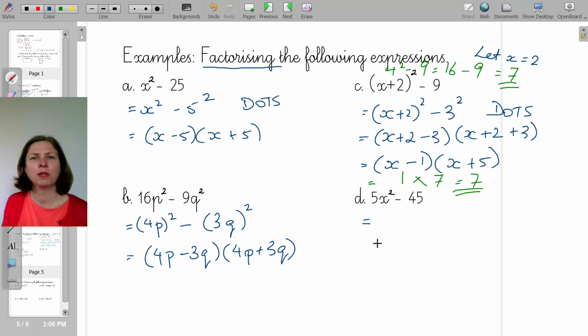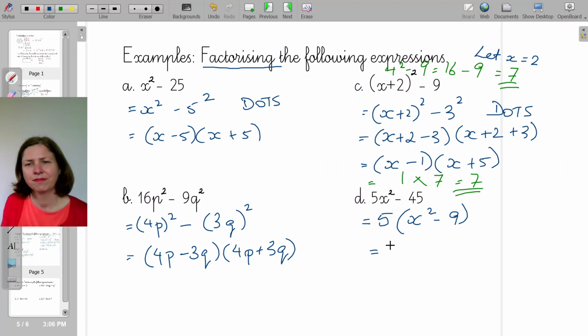This one's a little bit trickier again because look, that's not a perfect square and neither is that. But what I can see, and this is something you should always check for first, is a common factor. 5 goes into this term and 5 goes into this term. So first, I write it as 5 times x squared minus 9.